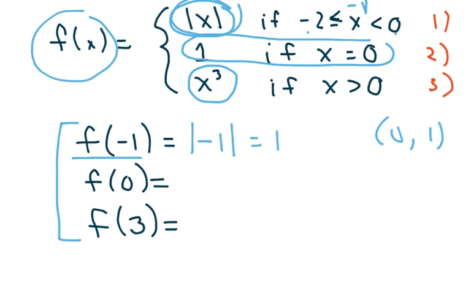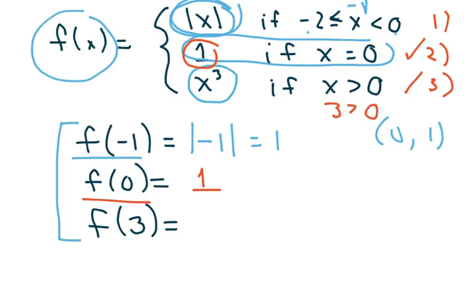Now for f of 0. In this first one, it can't equal 0, but in the second one, it can. So clearly, when x is 0, y is 1. And f of 3 belongs to the third piece, because 3 is bigger than 0.